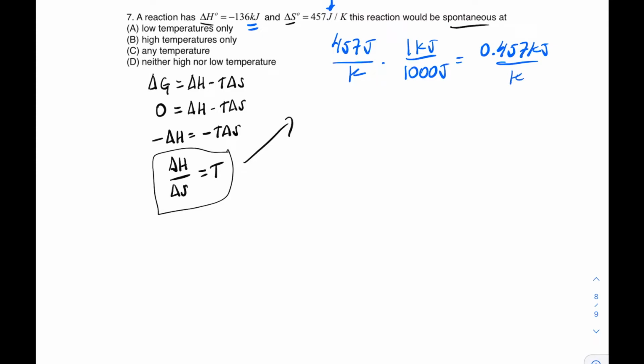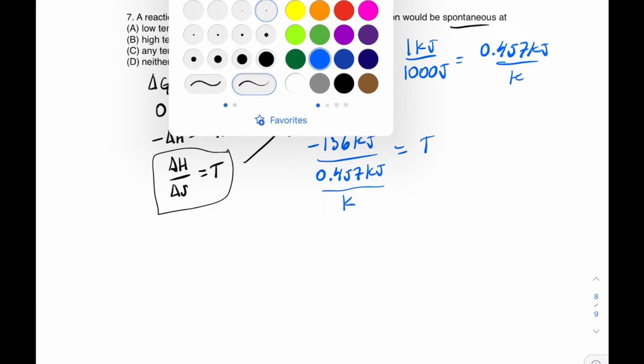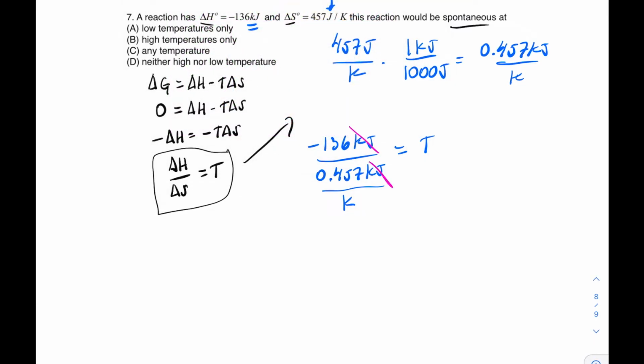So temperature is delta H divided by entropy. Okay. Now in this situation, the units are going to nicely cancel here, and we'll be left with units of Kelvin.